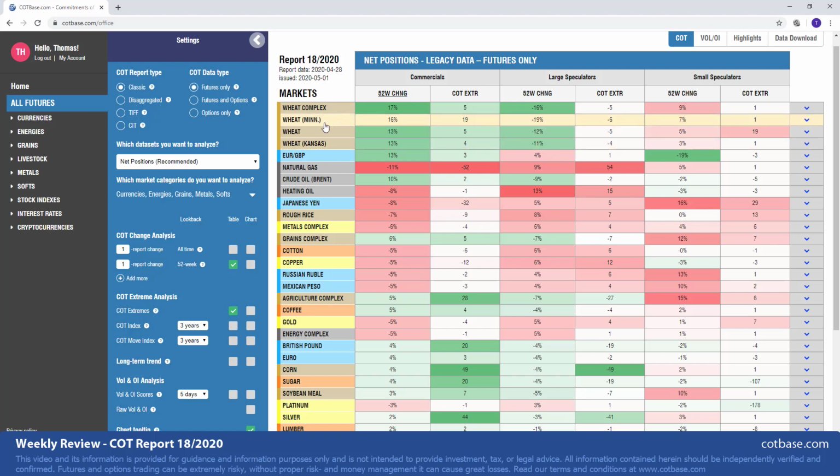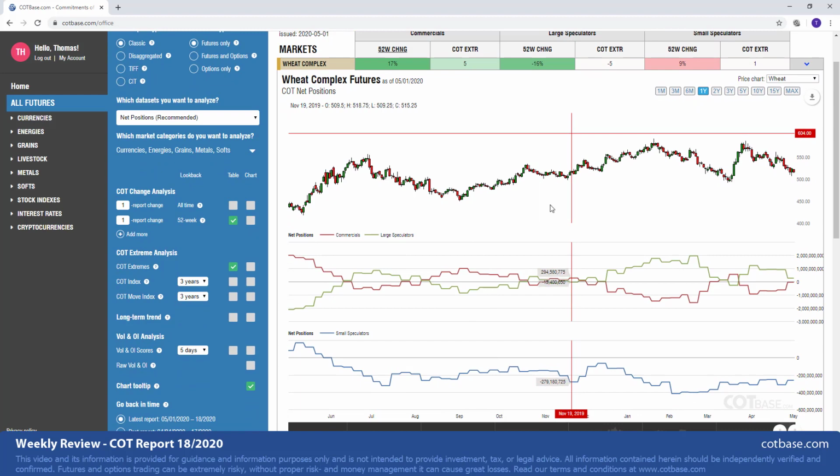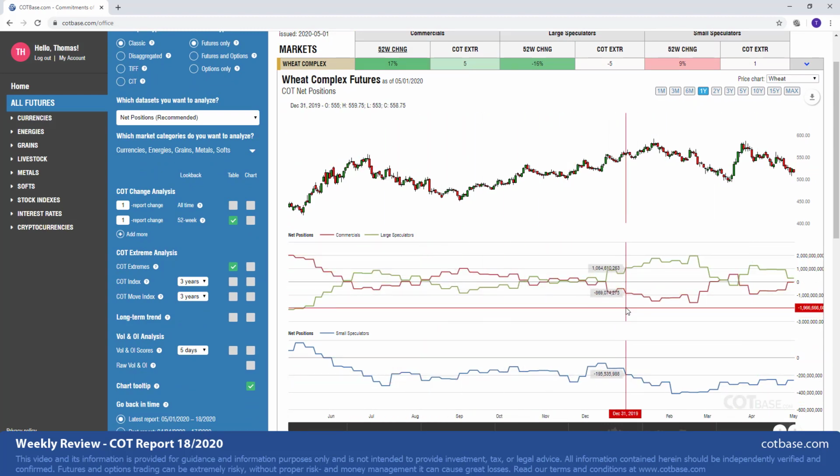But of course, these are very significantly correlating markets. And we figured, how about combining all of those COT data into one? So what you see in front of you right now is the combined COT for all the wheat markets.